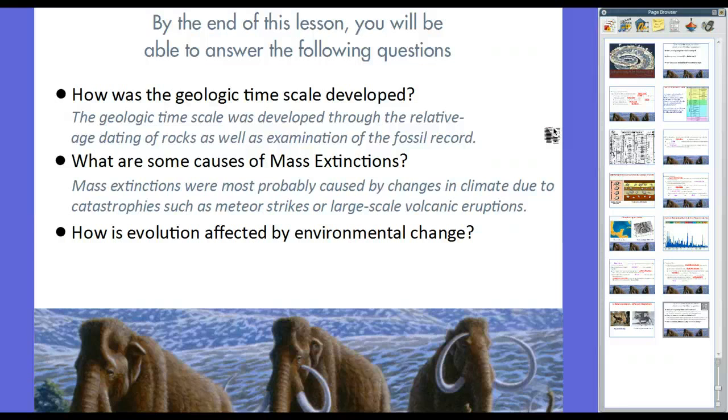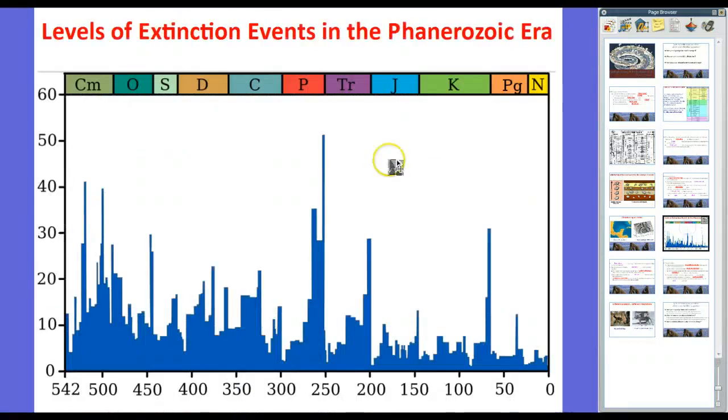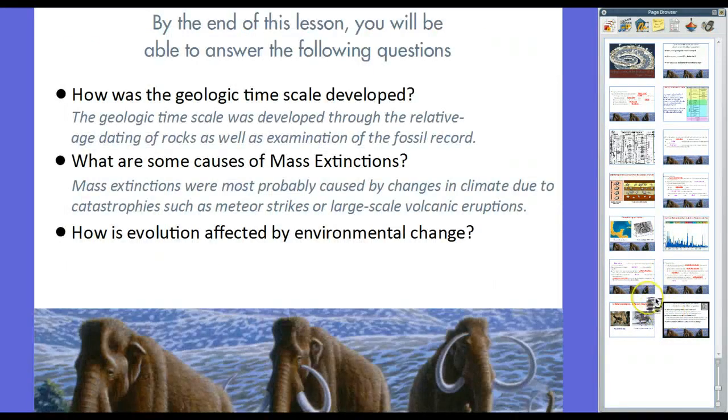Or large-scale volcanic eruptions, which ended the Permian-Triassic era, when 96% of all marine life and 70% of all land-based life was killed in a relatively short period. Or at the end of the Mesozoic era, when the meteor hit in Mexico, off the Yucatan Peninsula, right near us in Louisiana, it killed off the dinosaurs.